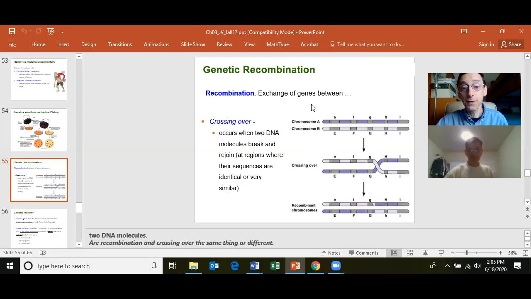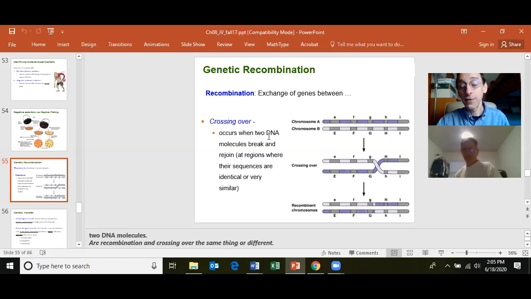But recombination specifically talks about the genes recombining, and it's a little more general than crossing over, because crossing over is talking about the chromosomes coming together, pairing, and then breaking, and then reassorting. Okay? So it depends how you're looking at it, if they're the same or if they are different.